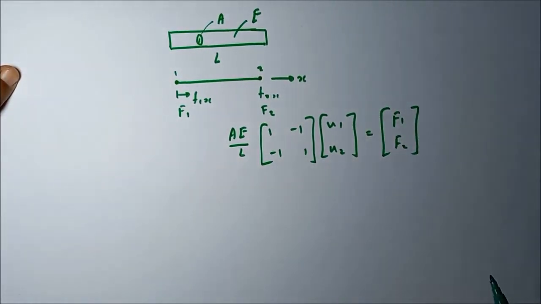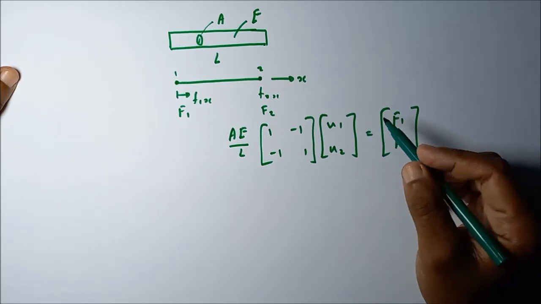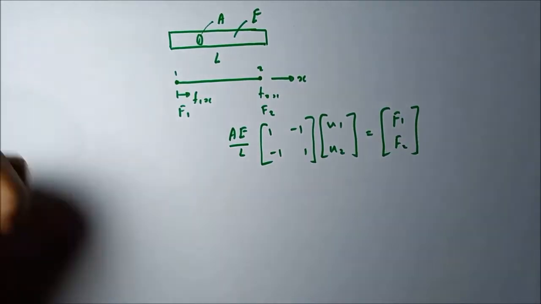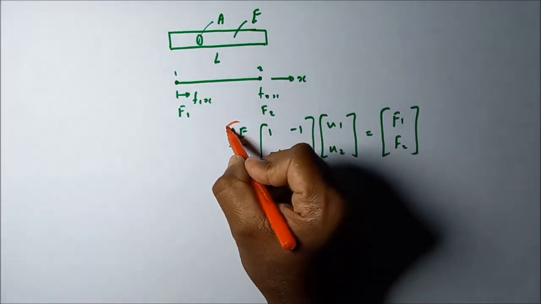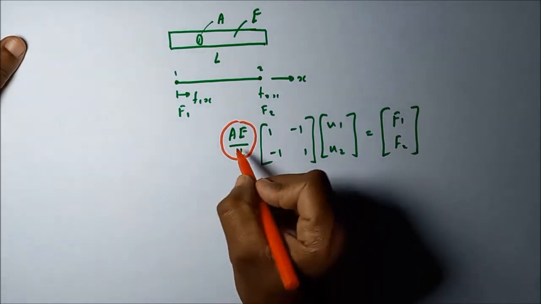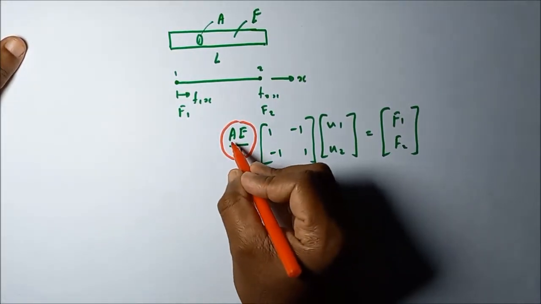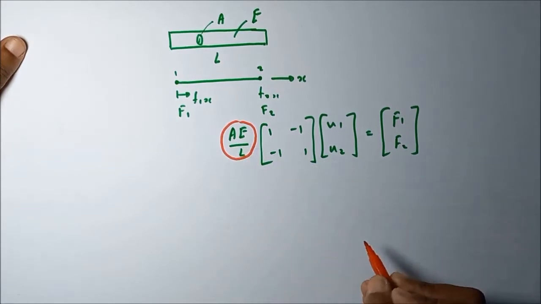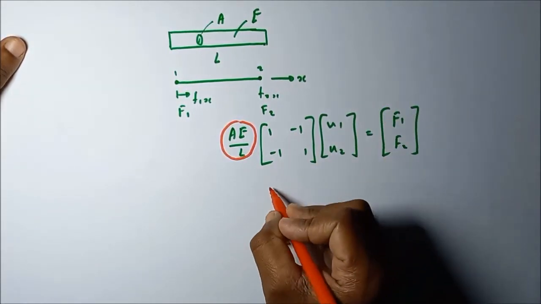We obtained this equation using Galerkin's basic finite element modeling approach. This term is called the stiffness. If you take the bar element, this term actually represents the stiffness. How it becomes the stiffness, I will explain.